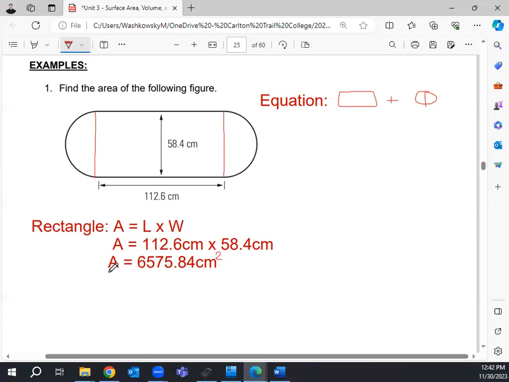That's an important number, so I'm just going to underline it. So I've done the rectangle part. Now all I need to do is the circle part.